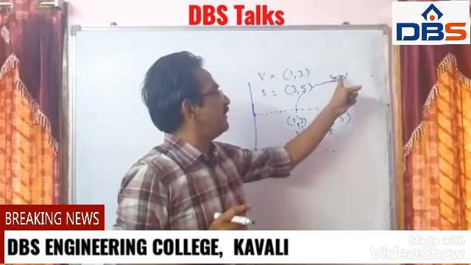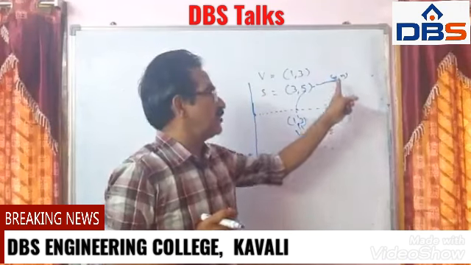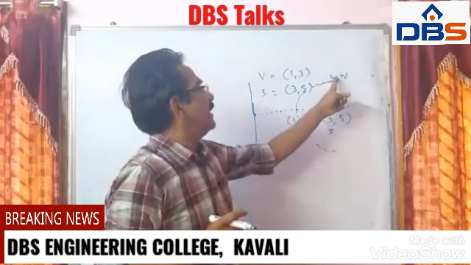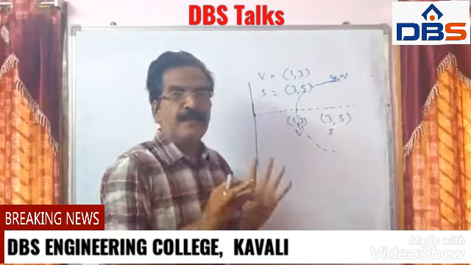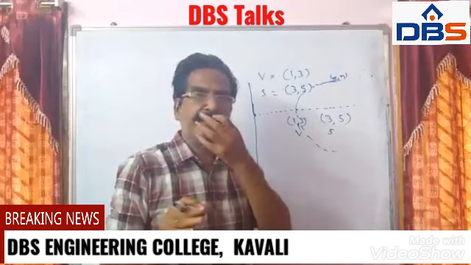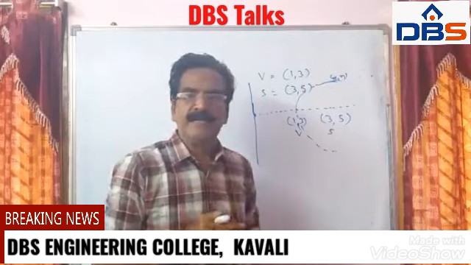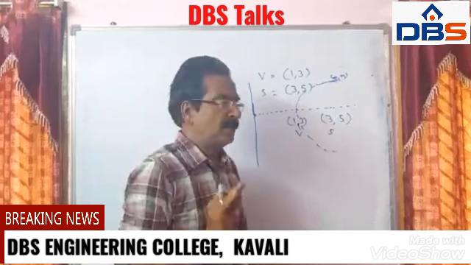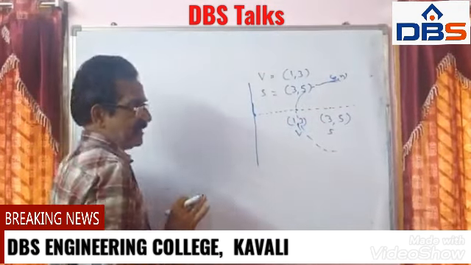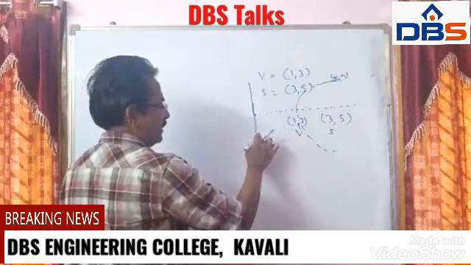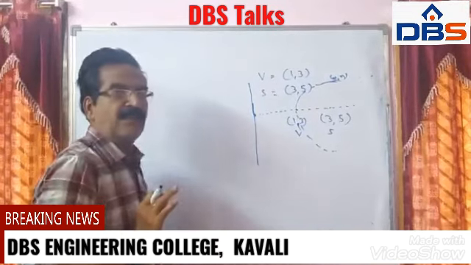Then the distance between (x, y) and the focus, and (x, y) to the line are equal. By making them equal, we can find the equation of the parabola. So our first thing is to find the equation of the directrix.